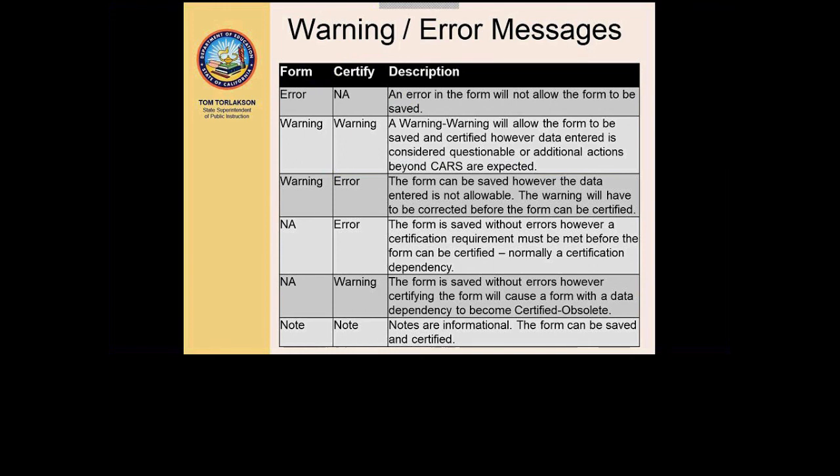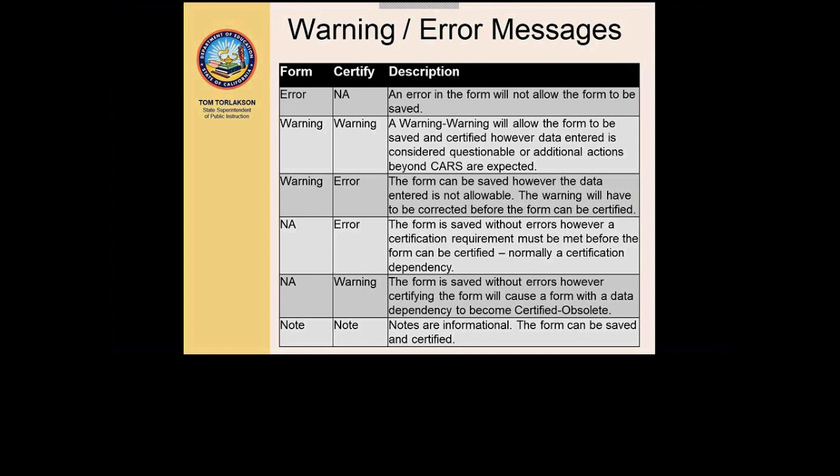Data quality and business program requirements are enforced by validation rules. When a form is saved, if a requirement is not met, a rule is broken, then either an error or warning message displays. All rules have form and certification severity levels assigned. Form error messages will not allow the form to save.